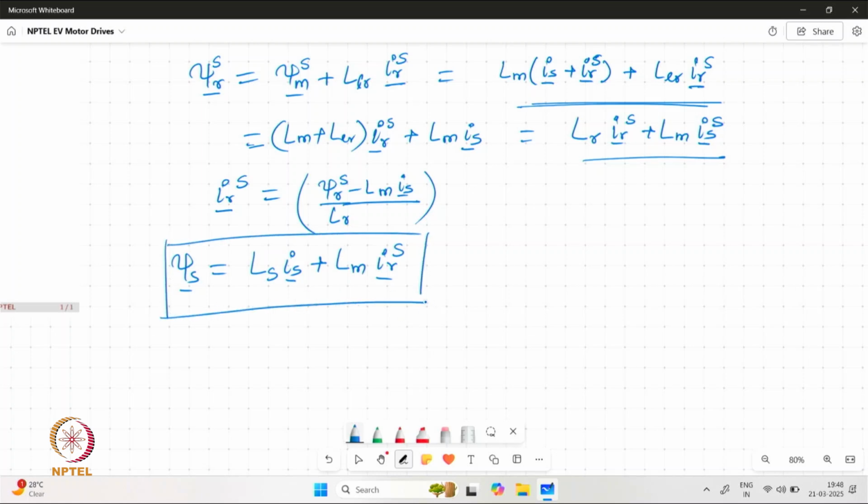Now, once we have this stator flux, we can plug in the value of Ir from the previous equation, say equation number 1.